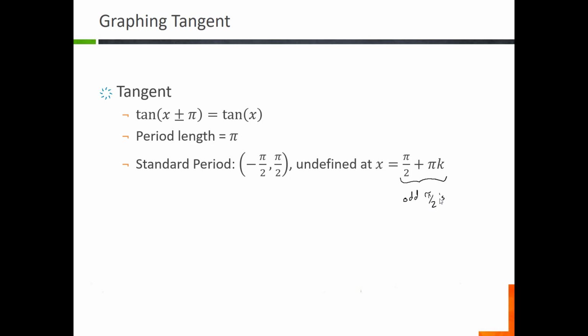So like 1 pi over 2, 3 pi over 2, 5 pi over 2, 7 pi over 2, and so forth. And we can go in the negative direction as well. What that means too is that whether we shift the graph to the left or to the right any distance of pi, so any multiple of pi, we're always going to end up with the exact same graph. It's just a carbon copy of itself, moving to the left and to the right.